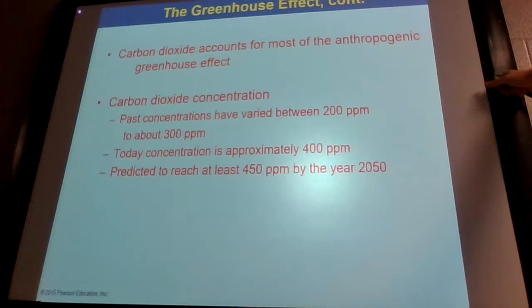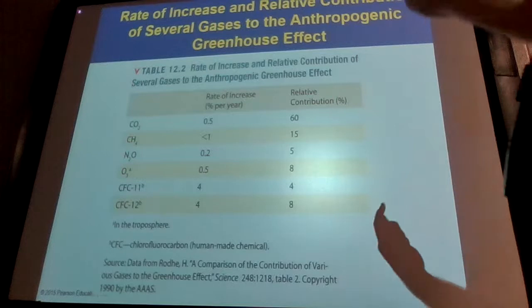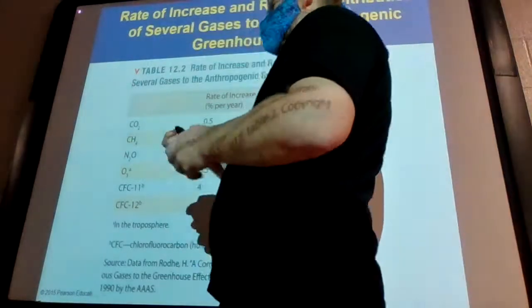Carbon dioxide accounts for most of the anthropogenic greenhouse effect. They are starting to look at how bad methane is, because methane really works a lot better as a greenhouse gas than carbon dioxide does. And so, although we produce a lot less of it, it is a pretty serious contributor.